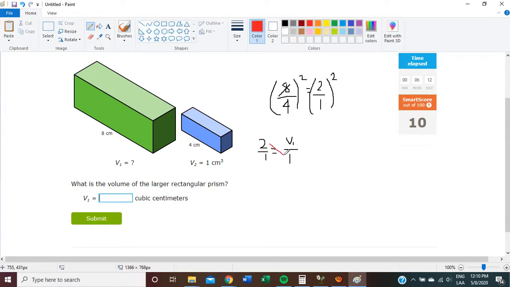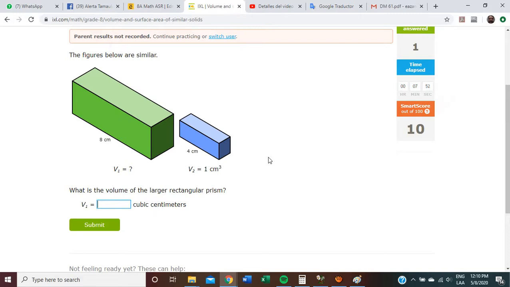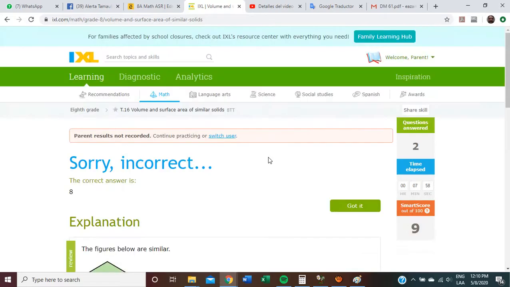This times this. 2 times 1 equals 2. 2 divided by 1 equals 2. Doesn't make any sense. Well, let me check. 2 times 1 equals 2. Yeah. And 2 divided by 1 equals 2.